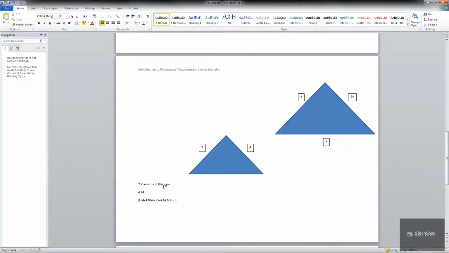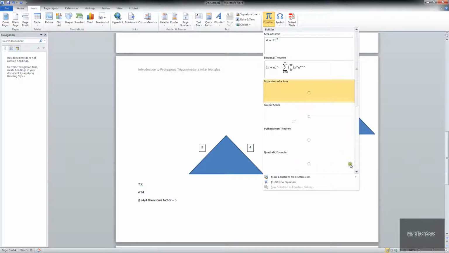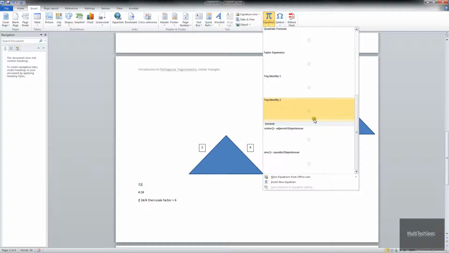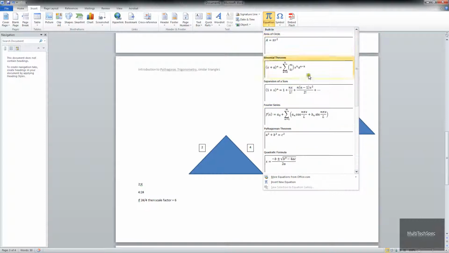So we can assume that x is going to be 6 times bigger than 2. So if we equate these two bits, we should end up with an answer. I'm just going to try and get the fractions out here to make you see a bit more clearly.